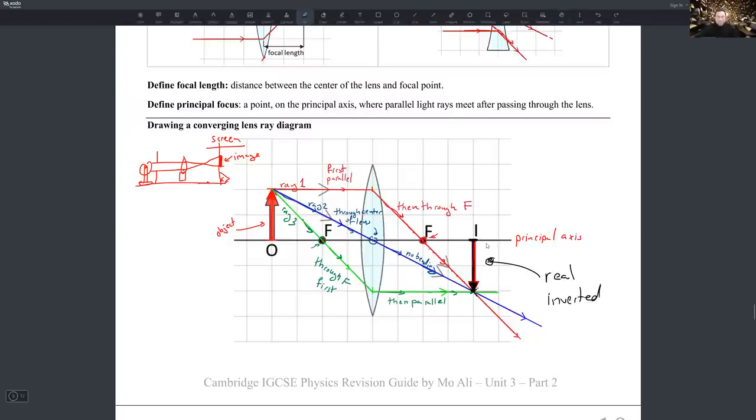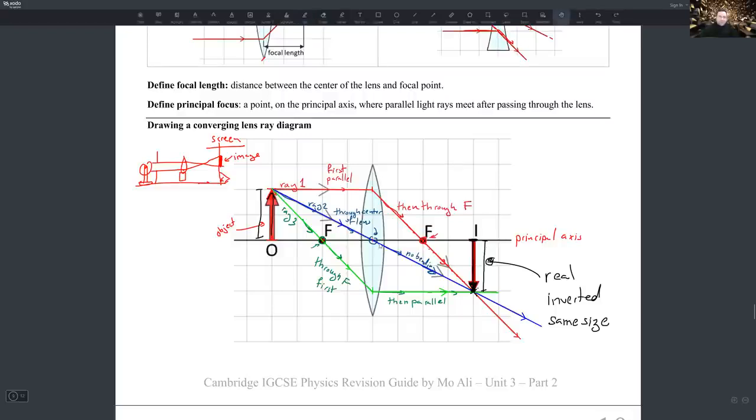What does inverted mean? It means upside down. This arrow points up. The image is now pointing down. This image is the same size as the object. This is 2 squares high. This is also 2 squares high.